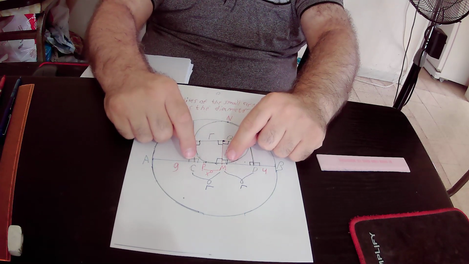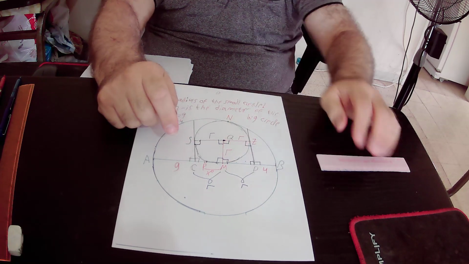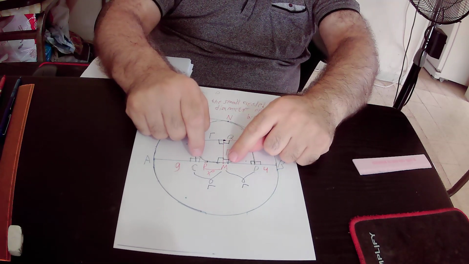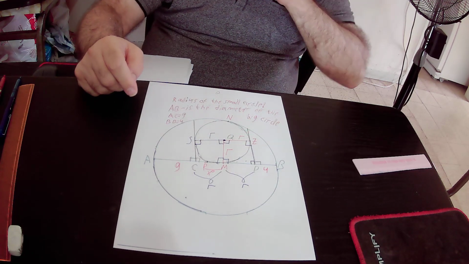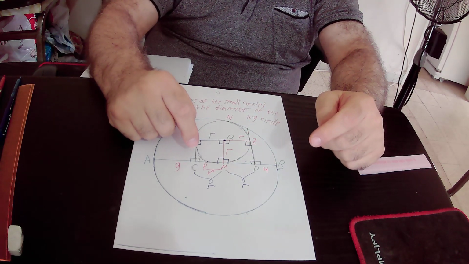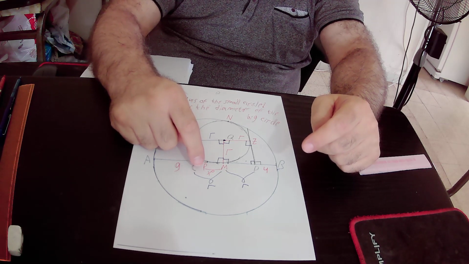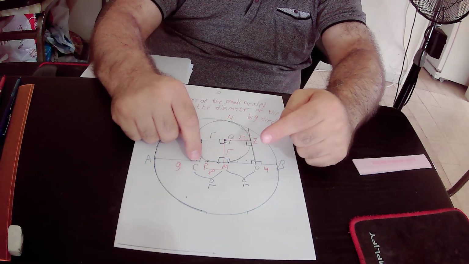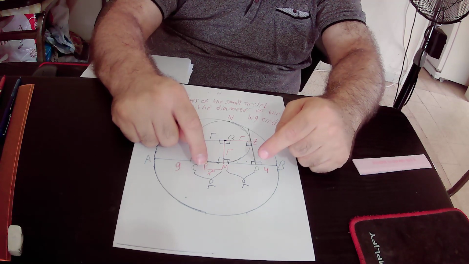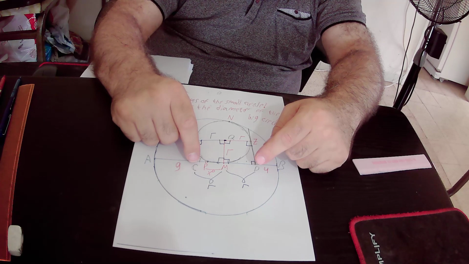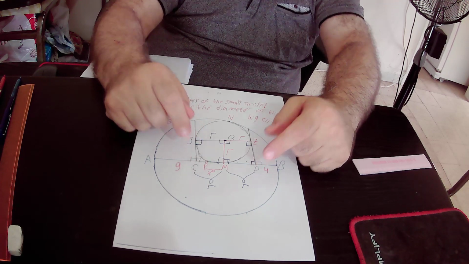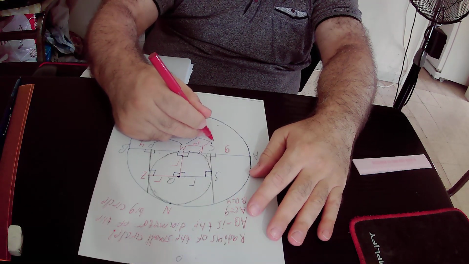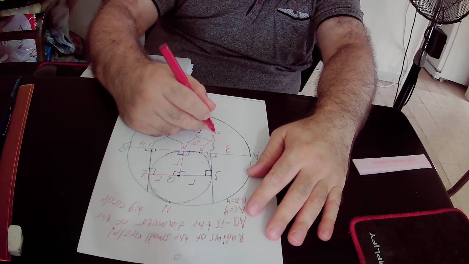CP equals to CM minus PM. And CM actually is the radius of the small circle, is small r, and PM is X. So CP equals to CM minus PM, that is to say CP equals to small r minus X.